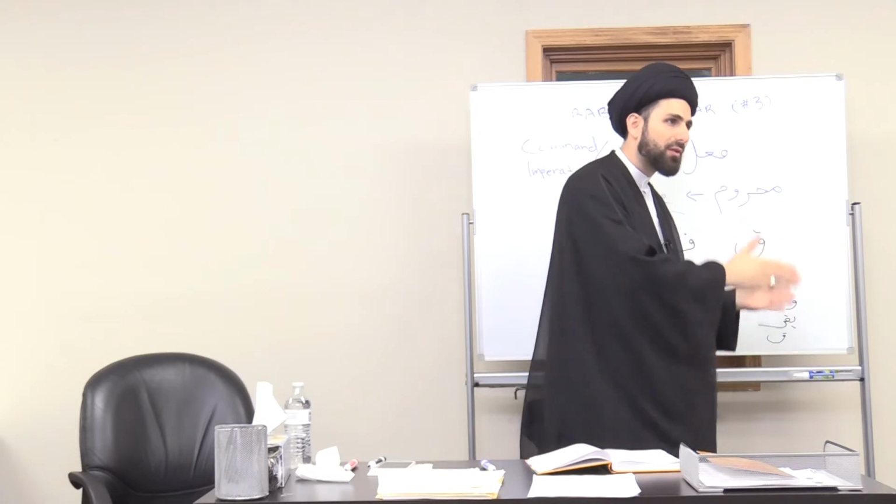Now the waw is for the jam', for the plural. We'll discuss that in the future. How do you make a verb or a word plural? So it's the same qi, but qi is for singular. If you want to say you people protect, how would you say it? Qu. I know that sounds strange, but this is very interesting about the Arabic language.